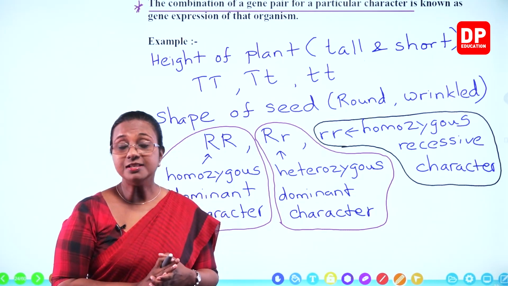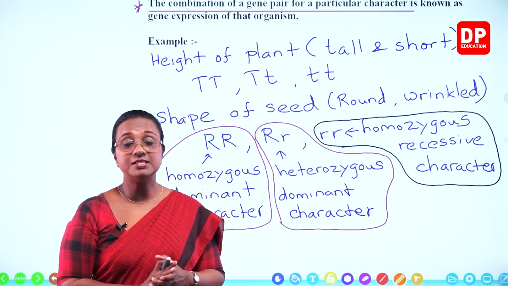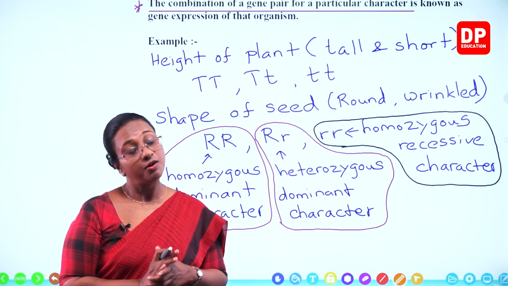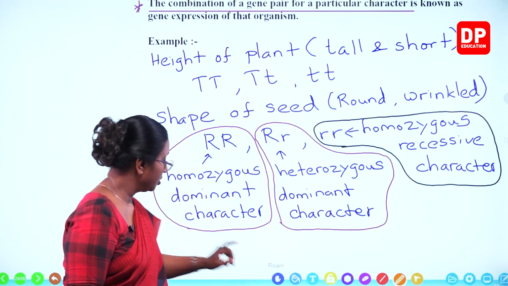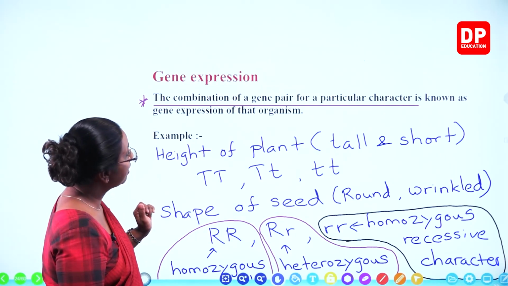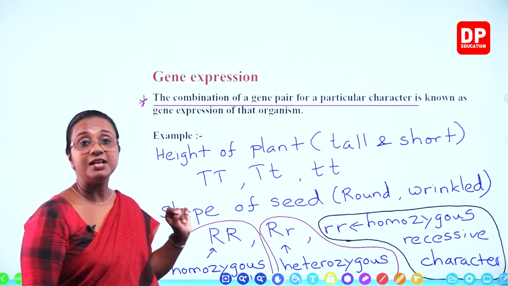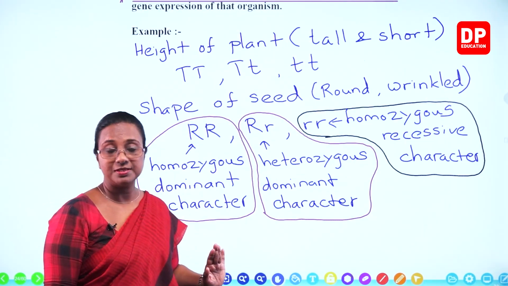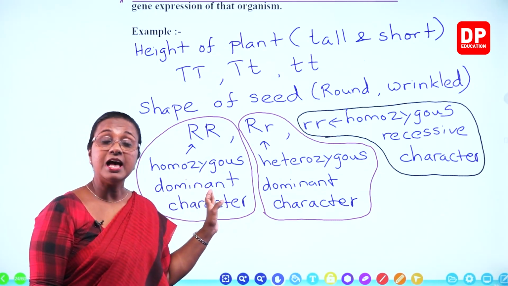So that is the gene expression: the combination of a pair of genes responsible for a particular character of an organism. You have to remember that as well. We have looked at so many examples. I am sure you can write similar examples using the other characters.